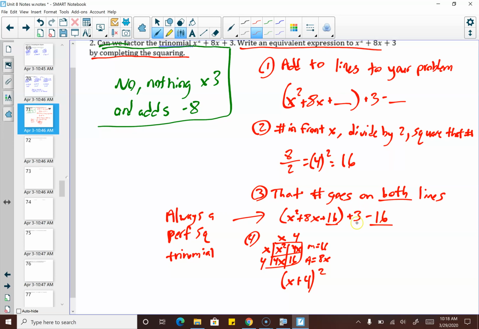And then you're going to take those two numbers that are on the outside and you're going to subtract them. So 3 minus 16 gives us a negative 13. That right there is going to be our equivalent expression by completing the square. Now we'll talk in later lessons on how we actually use that to solve, but this is the process of completing the square.